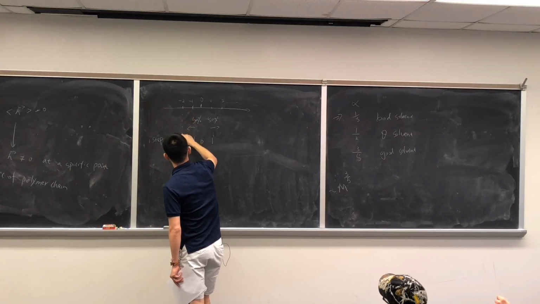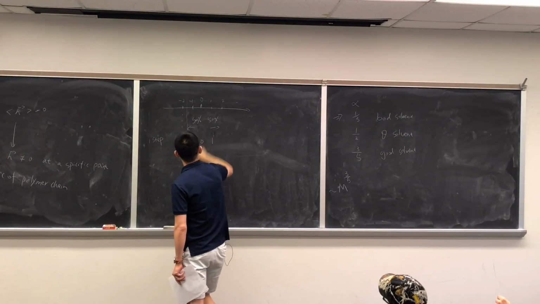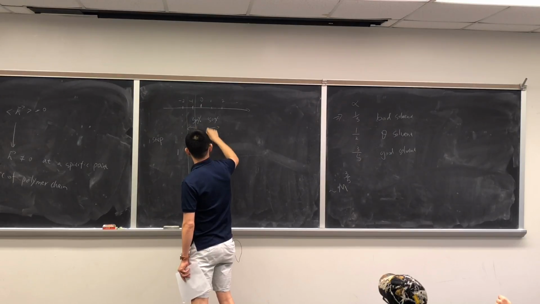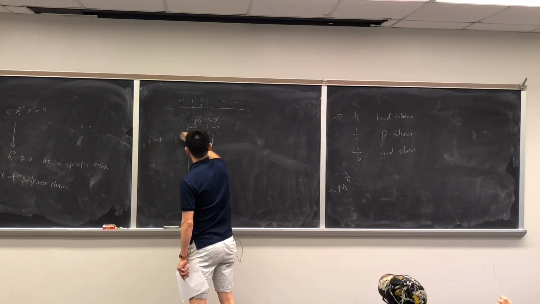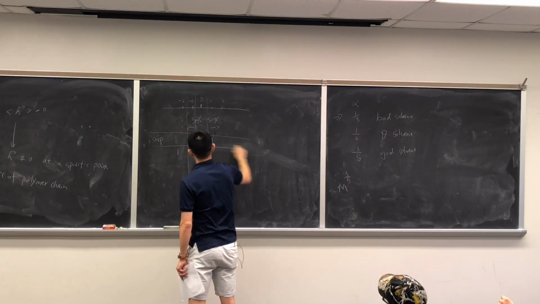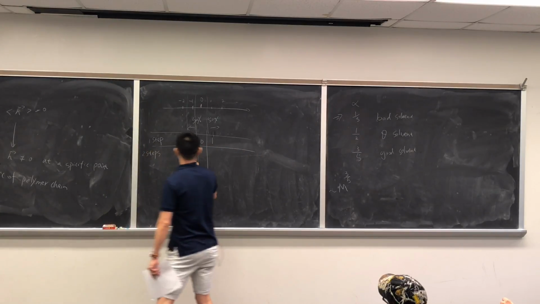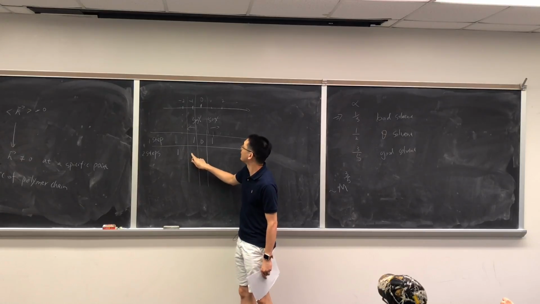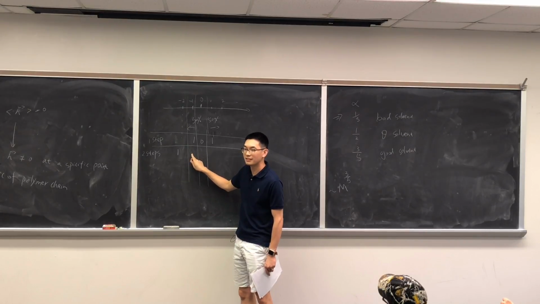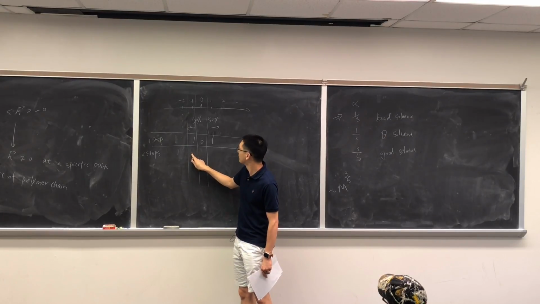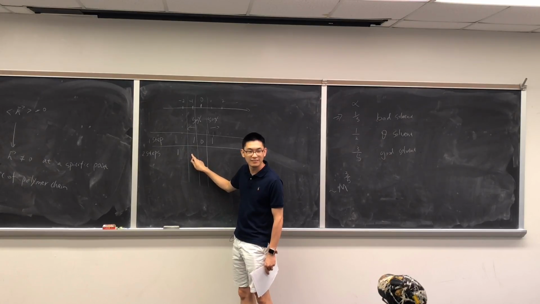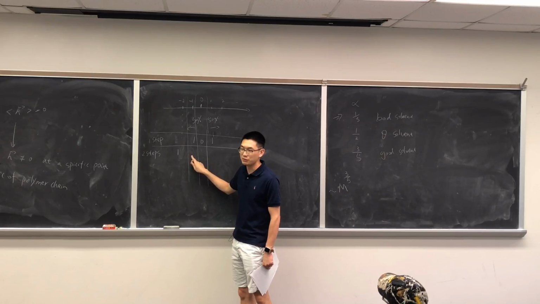So let me draw. This is sort of a table. If I take 2 steps, what's the chance I end up at -1? Is there any chance I can end up at -1 if I move twice?